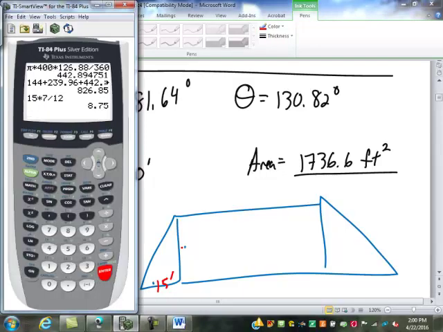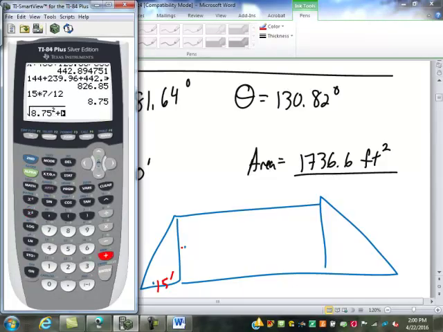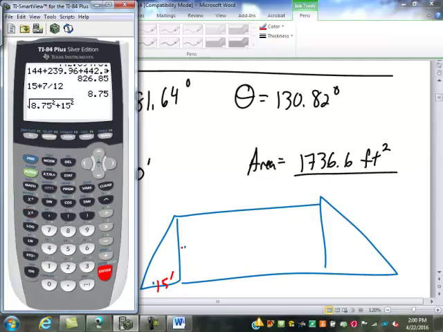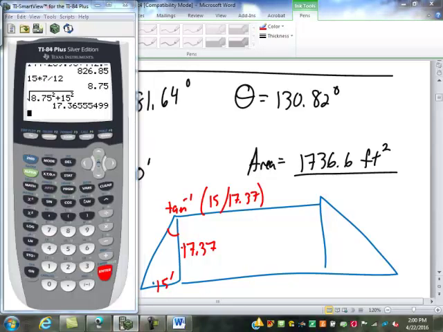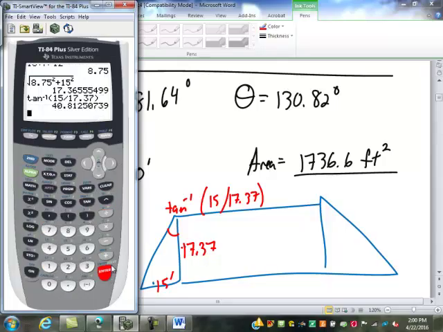So your common rafter length is the square root of 8.75 squared plus 15 squared, so your common rafter length is 17.37. This angle here is the inverse tangent of 15 over 17.37, which is 40.81 degrees, right?